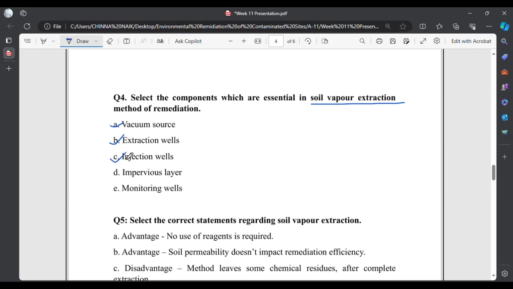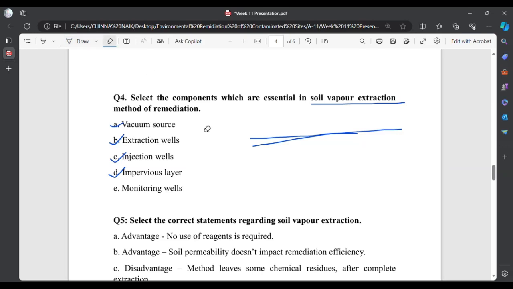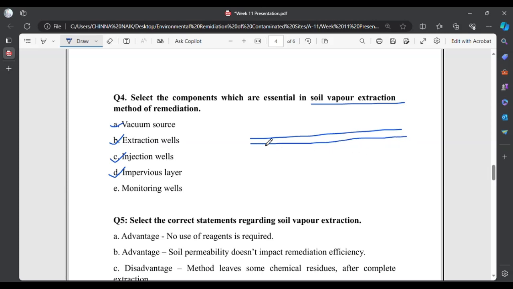Injection well, impervious layer. Impervious layer is also needed, right? You install the vacuum source here, and injection wells and extraction wells.